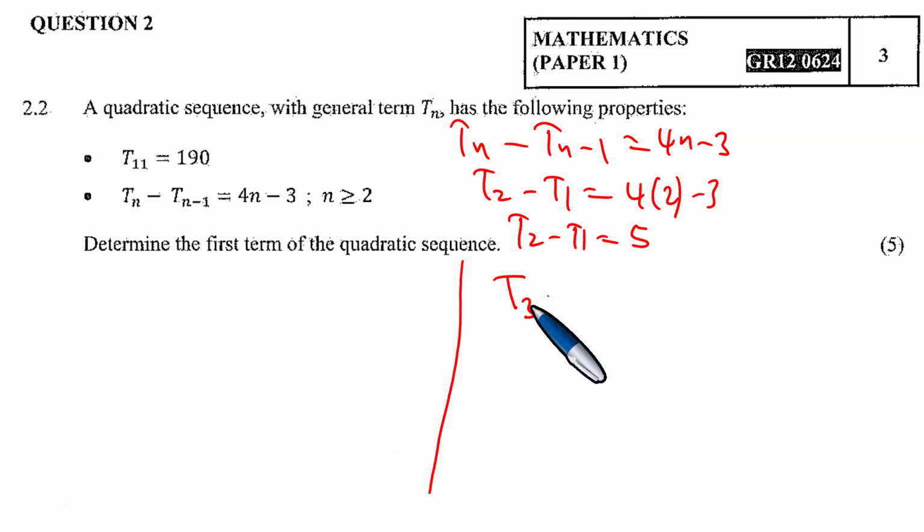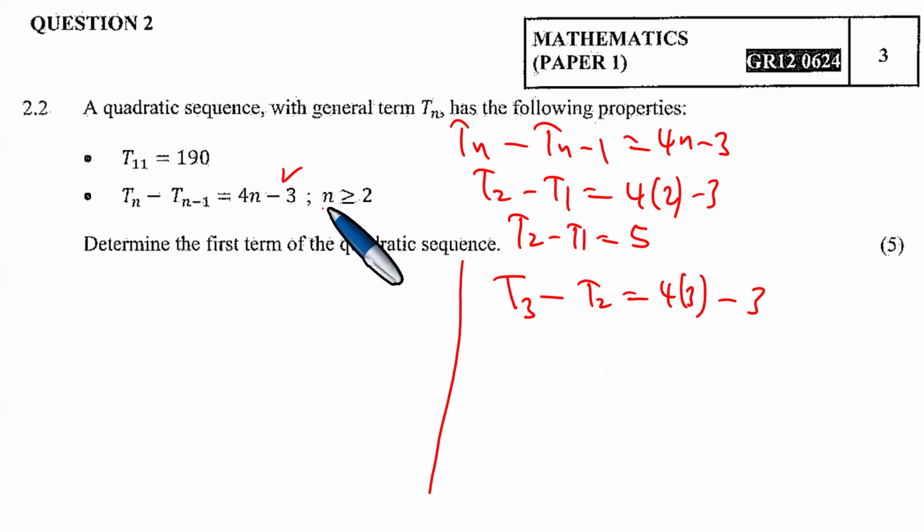Putting n equals 3 here, that's going to be T3 minus T2, which is, when n is 3, 4 by 3 minus 3. Obviously, we note that this particular expression works only if we have the following. What do we then have here?